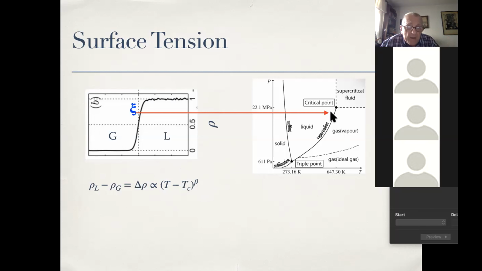But the point is that this quantity, the difference of the densities in the liquid and the gas phase, tells us also in which phase we are, because it also changes sign when we cross this coexistence line on our phase diagram. So in some sense, this quantity delta rho tells us in which phase I am.